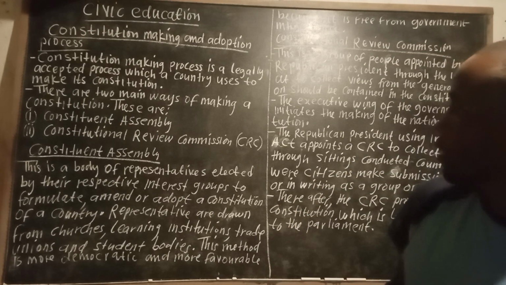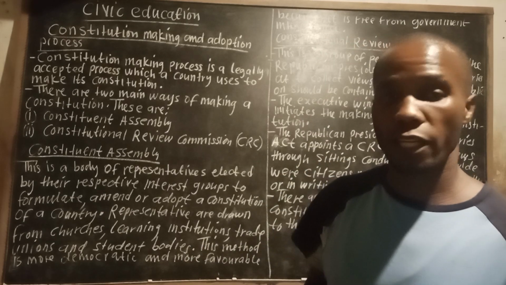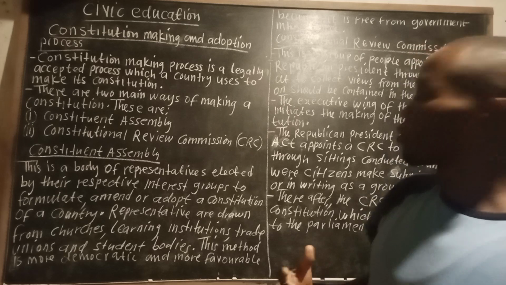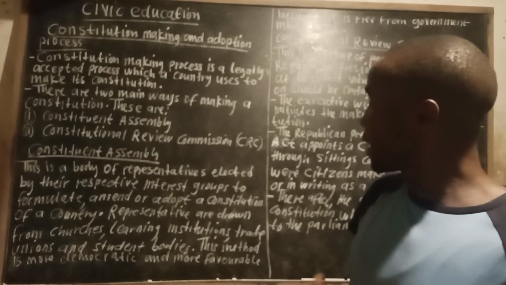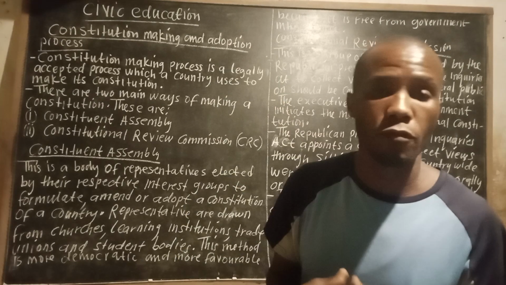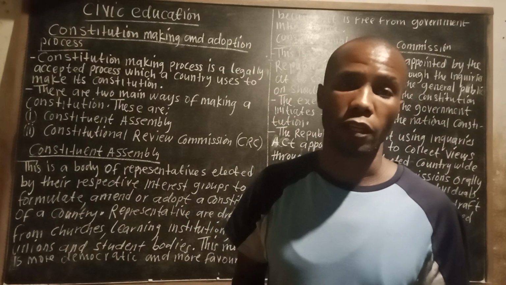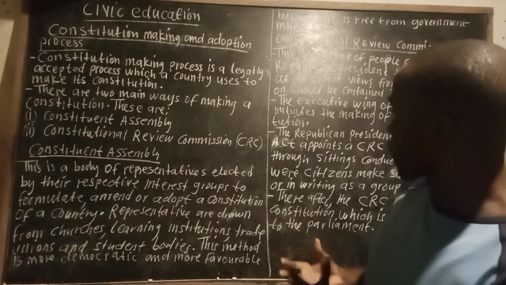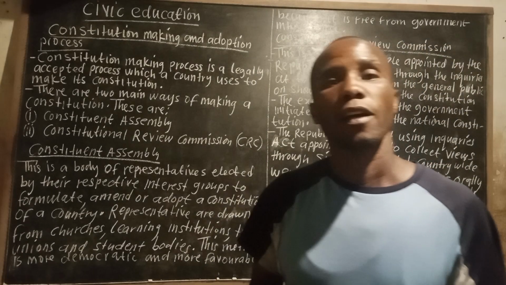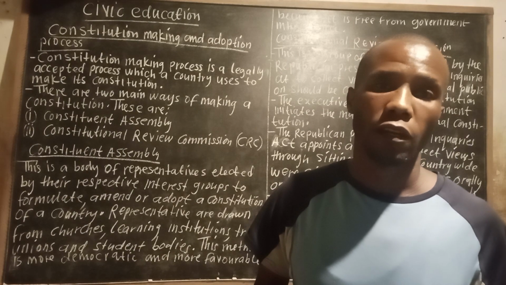So when we talk of a constituent assembly, we are talking about a board of representatives that are elected to formulate or amend a constitution, and the representatives are elected by the interest groups.